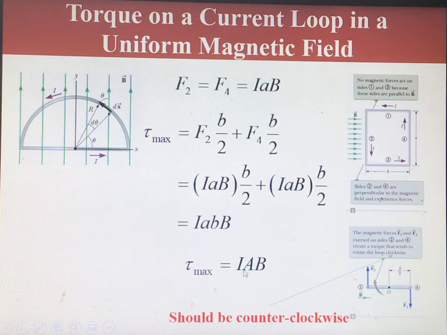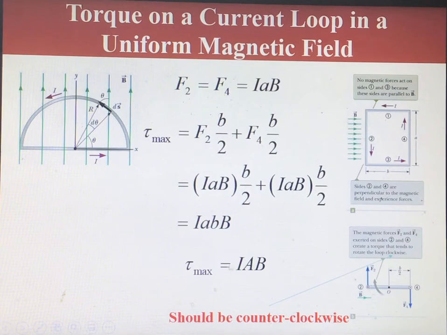So notice that A here is just the area, which is the lowercase a times the B. So lowercase a times lowercase b gives me the area of this loop. So this is the maximum torque. And because you have two forces that are acting in opposite directions here, it's going to cause this loop to rotate in the counterclockwise direction.